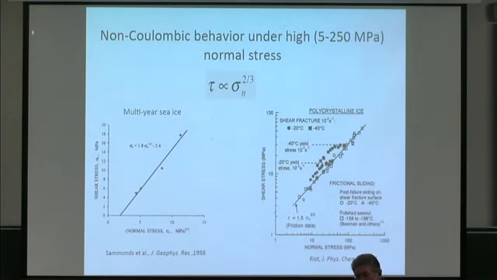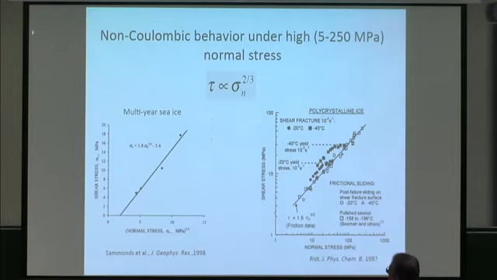But that's not what others see. At a higher normal stress, quite a lot higher, typically 5 to 250 megapascals, it's a nonlinear relationship between the shear stress and the normal stress. You'll have two sets of results here, which I get from Simon's group and Rist, and you see in those cases there's a different kind of relationship. I don't know what that means. Possibly under these higher normal loads, there are additional processes that are consuming energy.